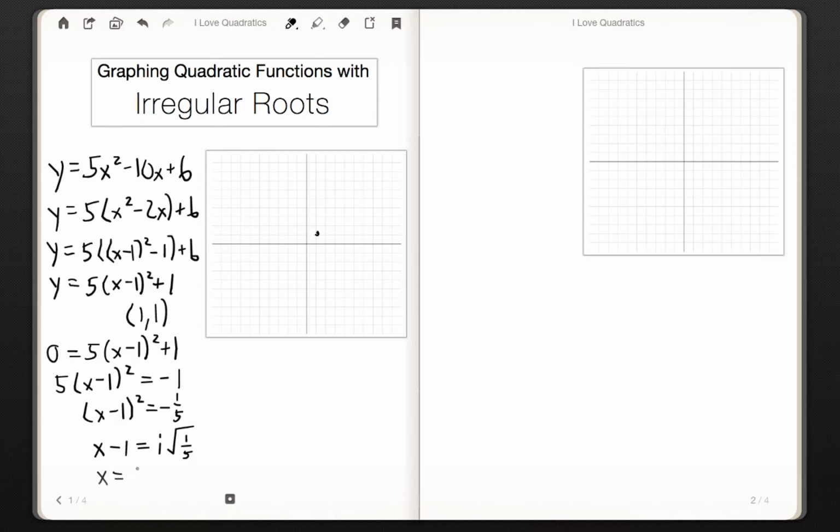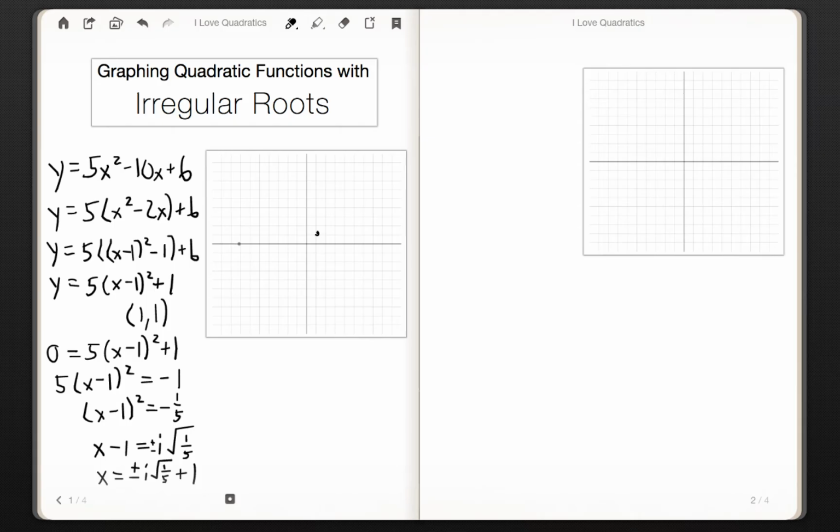The roots are actually going to be, don't forget the plus minus there, the roots we have i times the square root of 1/5 plus 1. So the roots here are imaginary. So imaginary roots, we don't see them on the graph.